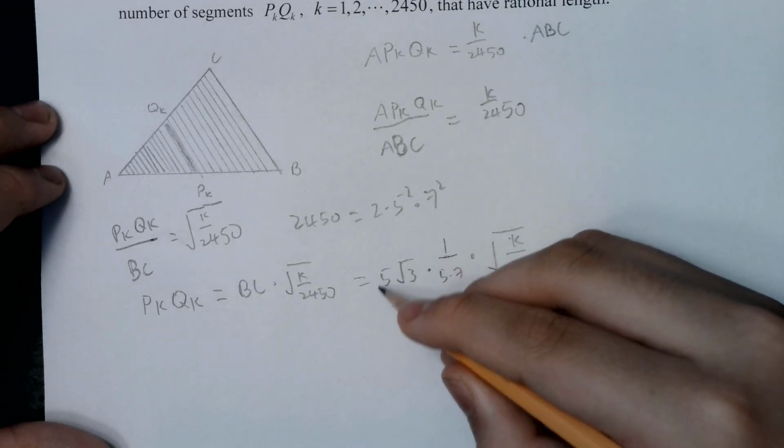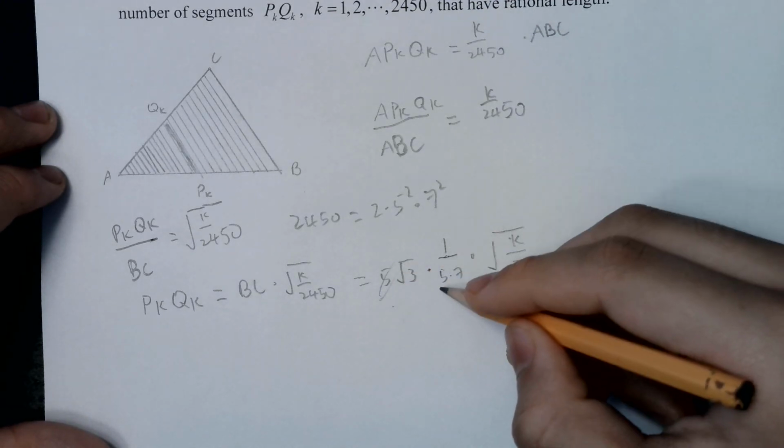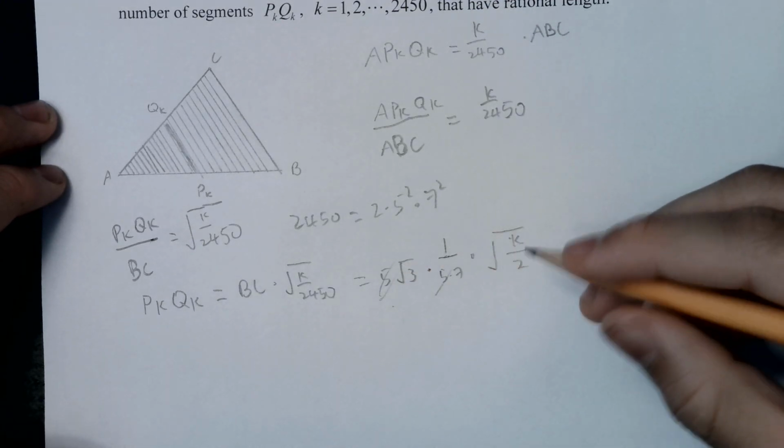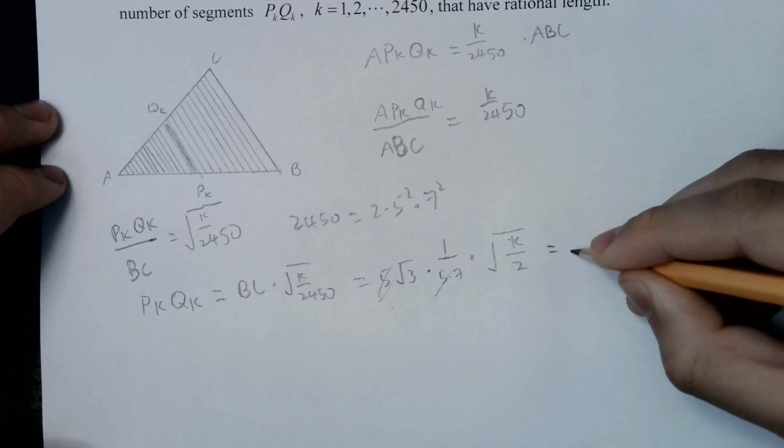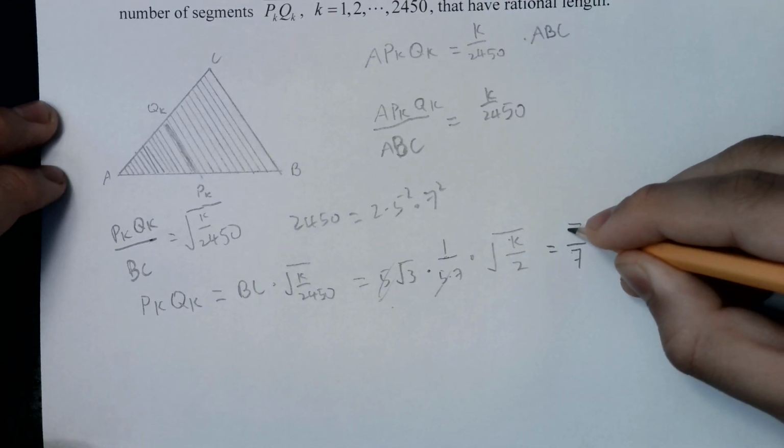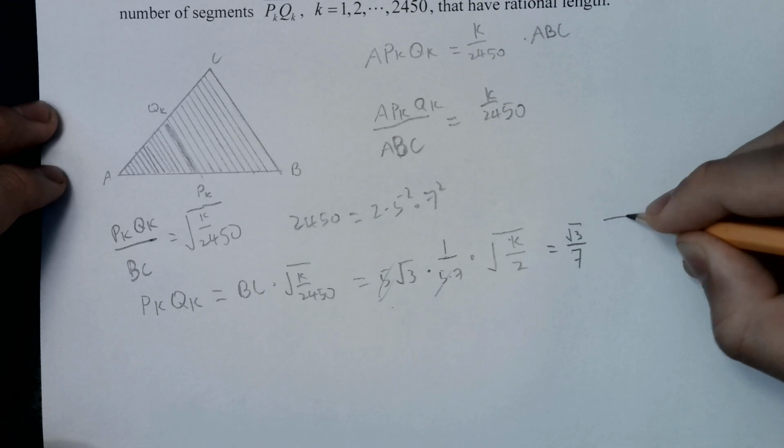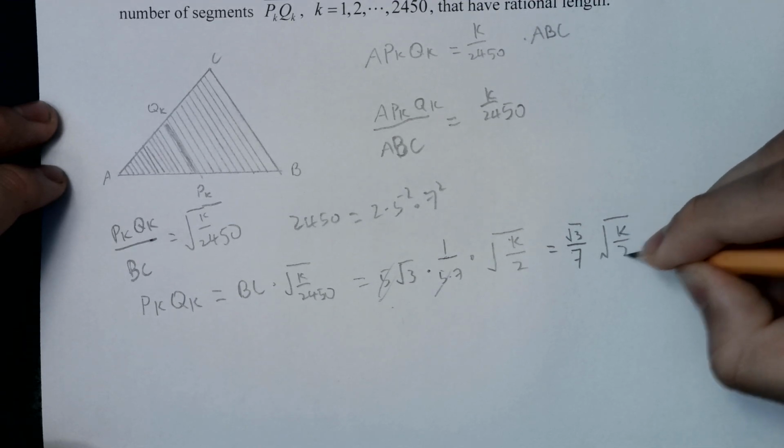The 5 and the 1 over 5 just cancel out, so we don't have to look at them anymore. This leaves us with 7 square root 3 times k over 2.